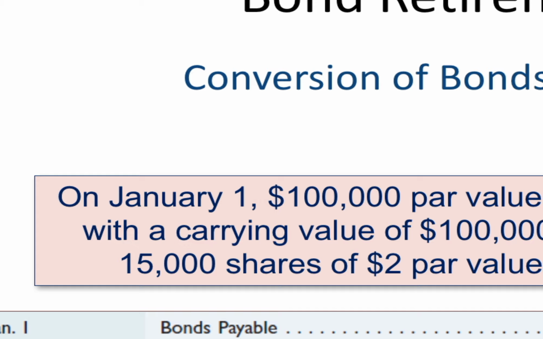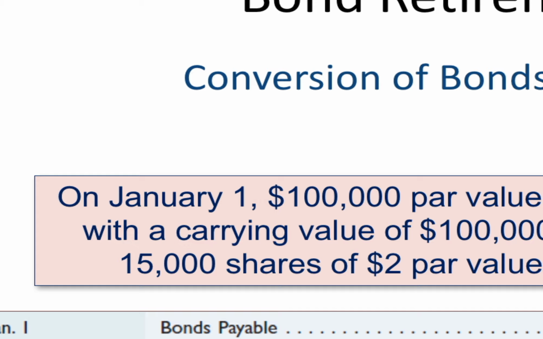That to us means that we're giving $100,000 worth of stock to these people in exchange. Okay? So the par value is $30,000. The difference between the par value and the value of the stock we're giving away is paid-in capital in excess of par. Everybody understand how that works?